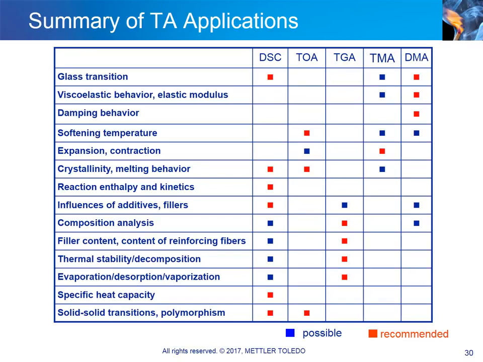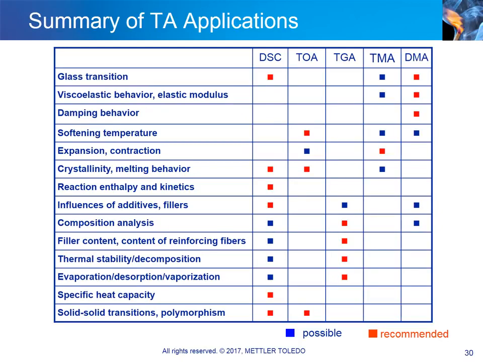The table summarizes the most important events and properties that characterize materials, as well as the thermal analysis techniques recommended for their measurement. A red box means that the technique is strongly recommended. A blue box signifies that the technique can only be used in certain cases.